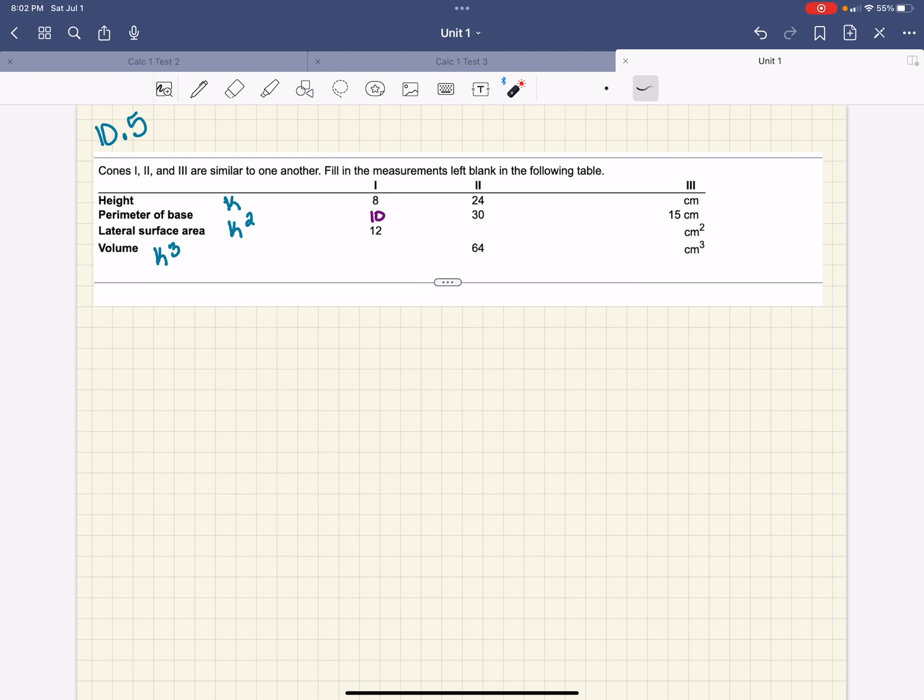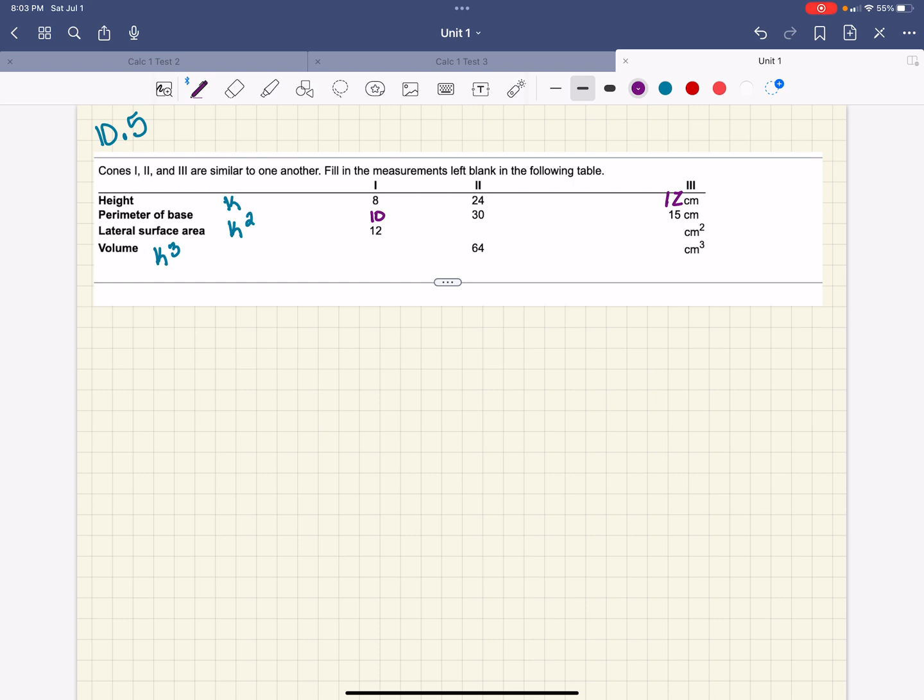So 10 times 3 over 2 gives us 15, and 8 times 3 over 2 gives us 12. So this one right here is 12, and we have all of our linear stuff.